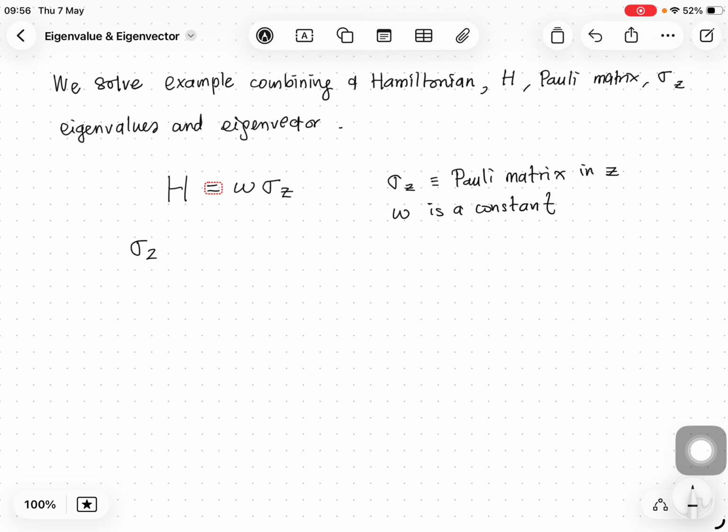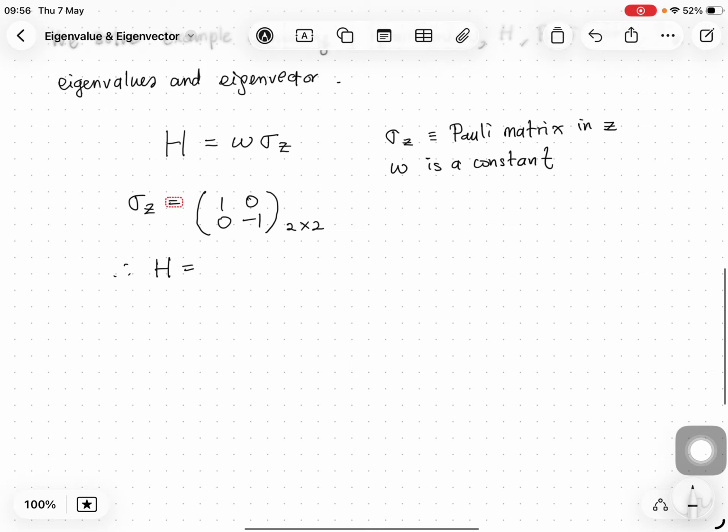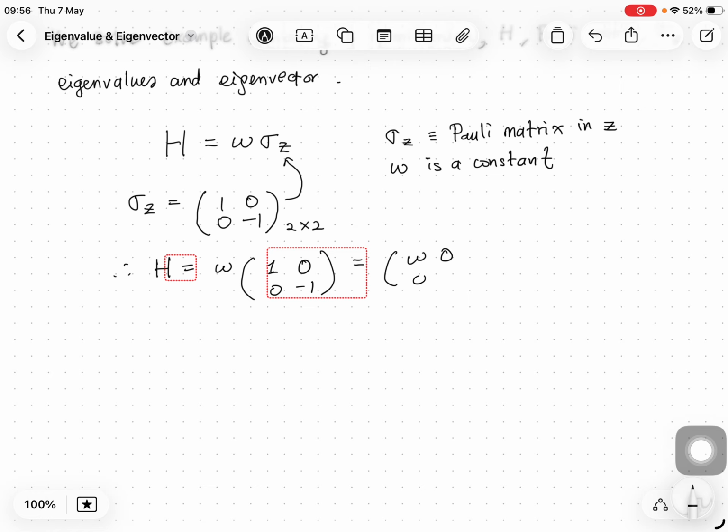Your sigma z is given by a 2 by 2 matrix: 1, 0, 0, minus 1. It's a very nice 2 by 2 matrix. Therefore, if you substitute into H, it becomes omega times 1, 0, 0, minus 1, so it becomes omega, 0, 0, minus omega. So you have a constant inside your matrix.